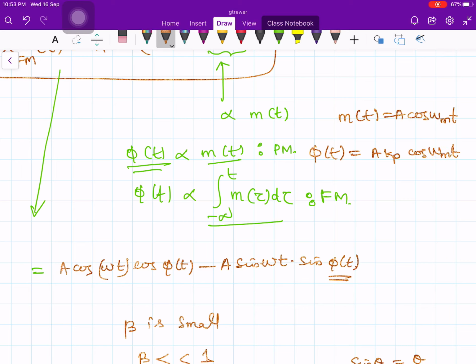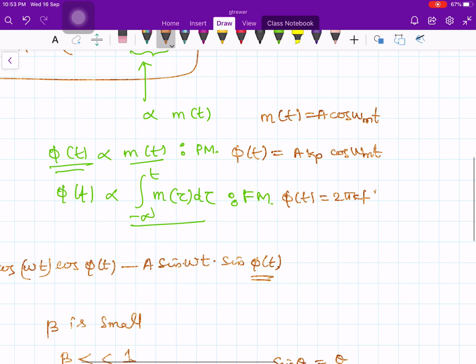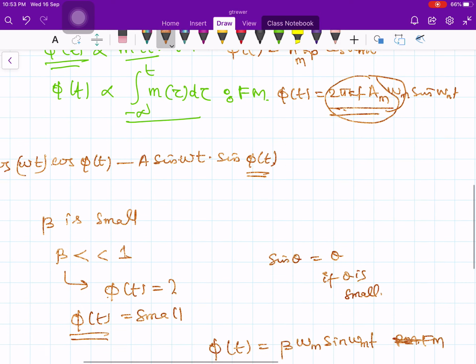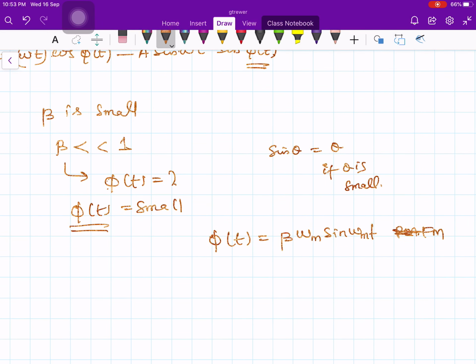Now if you integrate for frequency modulation, then this is 2 pi k_f times a_m times sin(omega_m t) over omega_m. This is the constant appearing before sin(omega_m t). Therefore phi(t) is equal to beta times sin(omega_m t) for FM, and phi(t) is equal to beta times cosine(omega_m t) for the PM case.